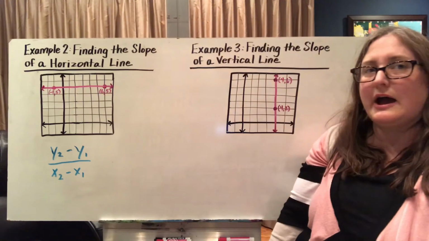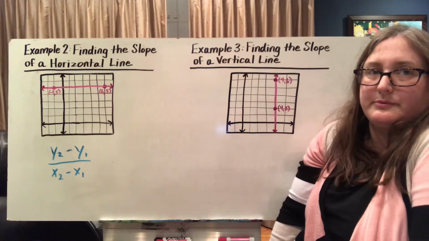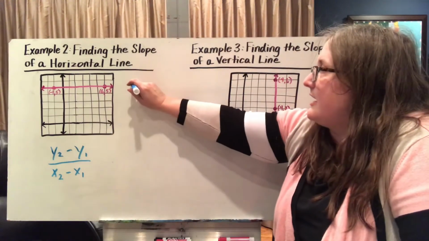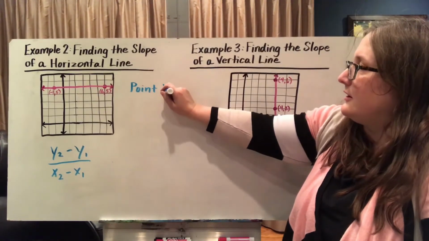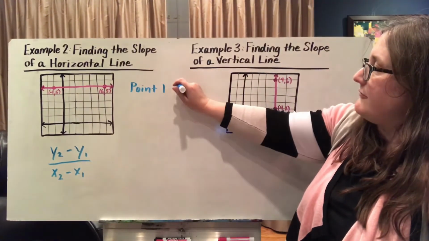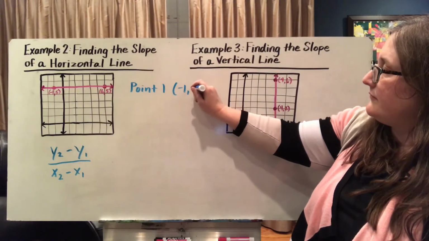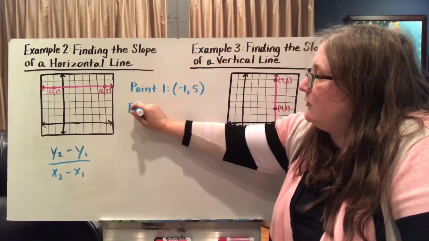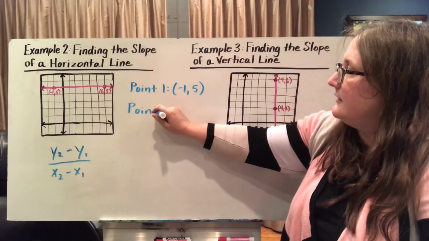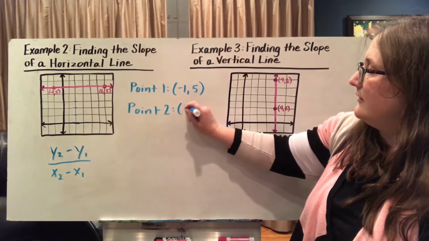So we have to decide who's going to be point 1 or point 2, and it really makes no difference. We can just decide. So I'm going to call point 1 here the -1, 5. And point 2, I'm going to call the 6, 5.